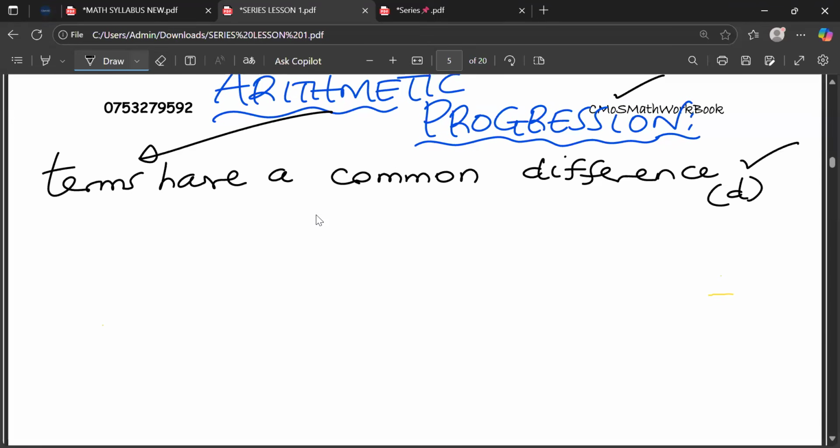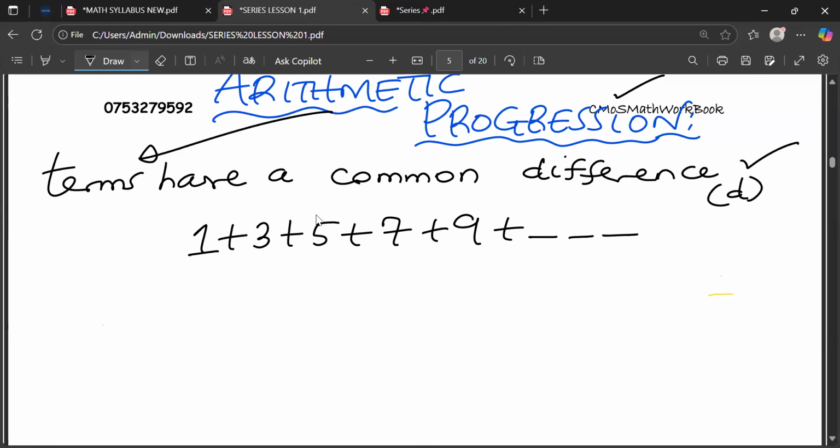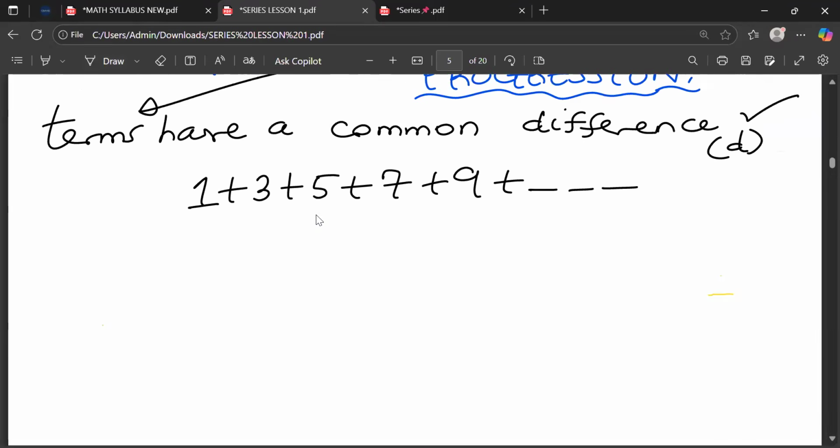So this is our series that we are going to use: 1 plus 3 plus 5 plus 7 plus 9. Then that's what we are going to use to derive whatever I want us to derive.